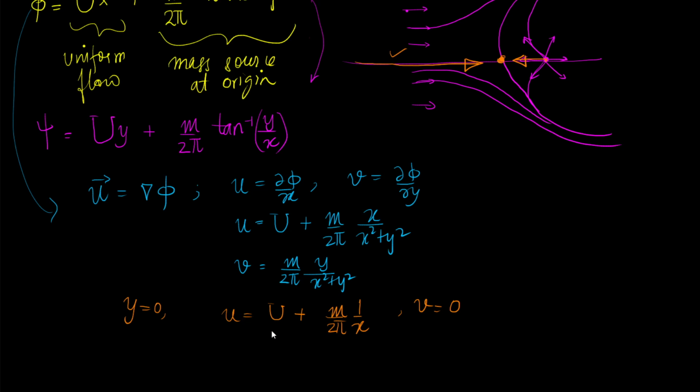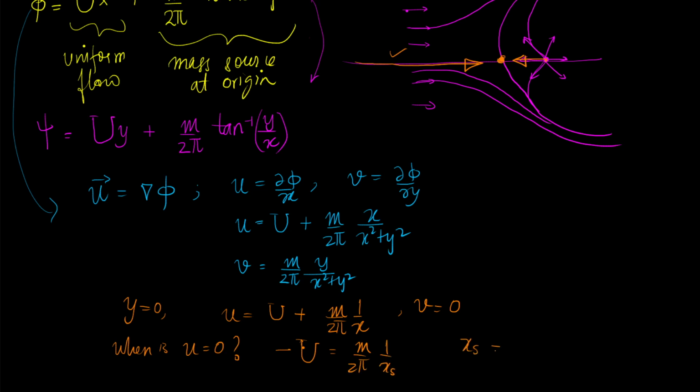So when is this velocity equal to 0? When is u equal to 0? So minus U is equal to m upon 2 pi 1 upon x stagnation.